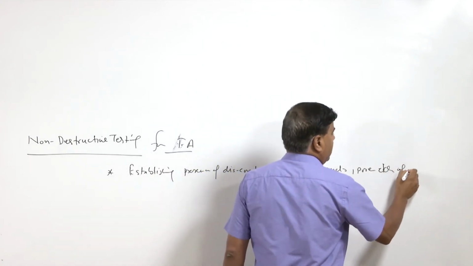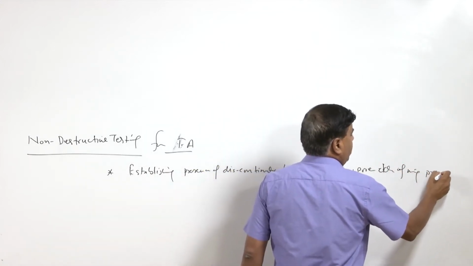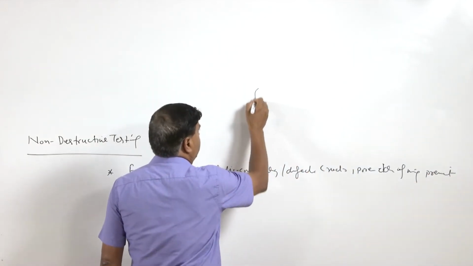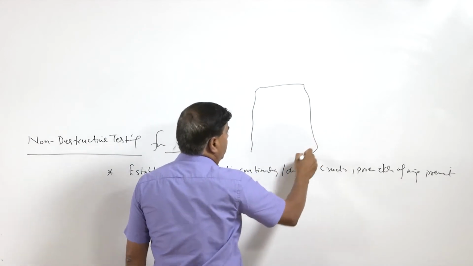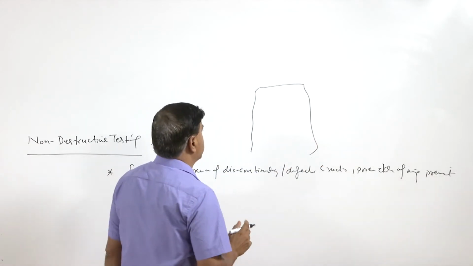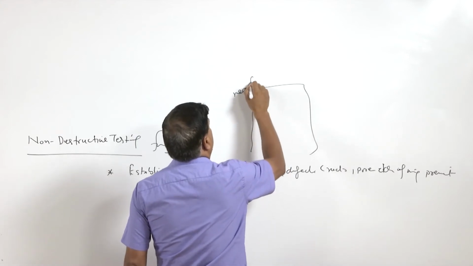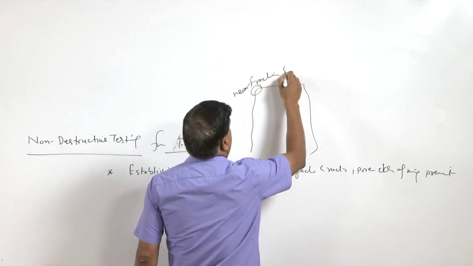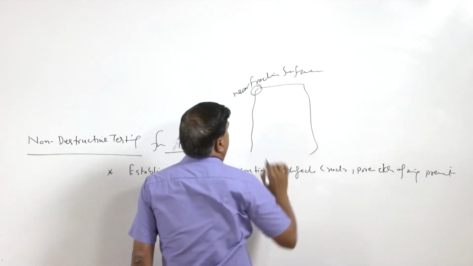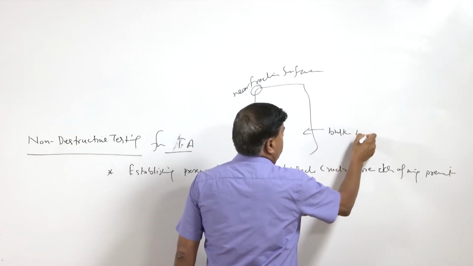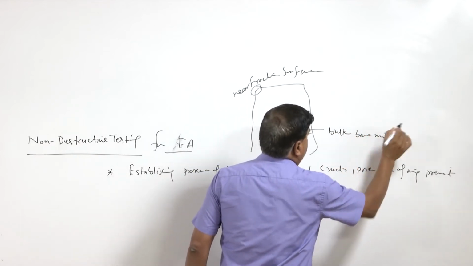This presence is to be identified especially at certain locations, like near fracture surfaces or in the bulk base metal itself.